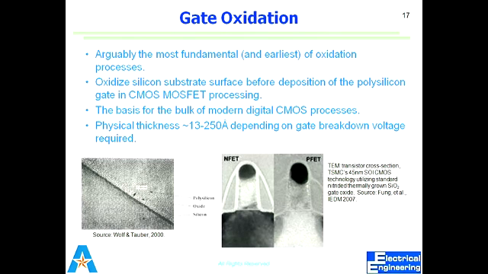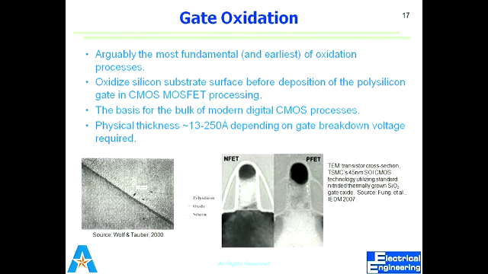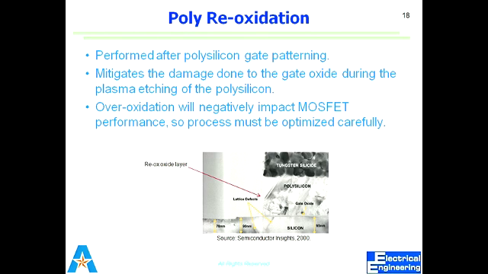Okay, now the gate oxidation. We know that we use the gate oxide in most FETs, and the next slide should show it. In that case, what we do is etch the oxide layer.